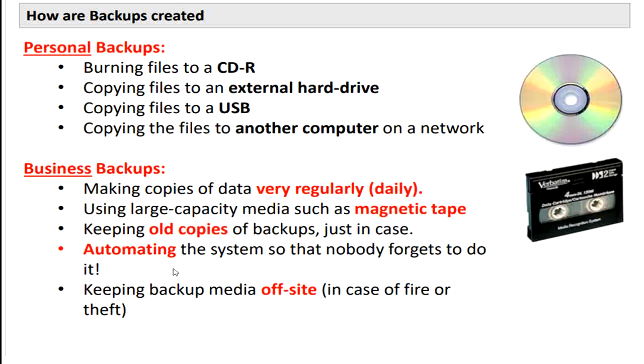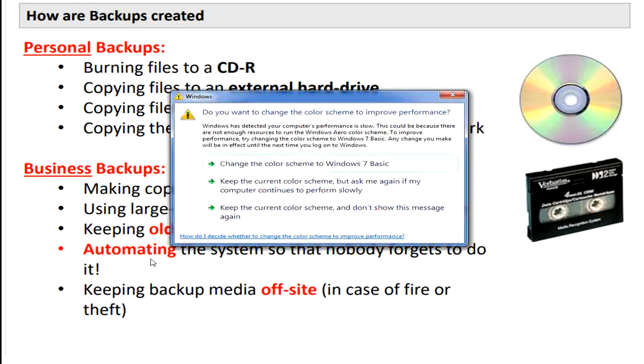Meaning the automated system will take a backup by itself, for example, every 12 hours, or at 12 a.m. every day. An automatic backup will be taken of the information on the server, for example.